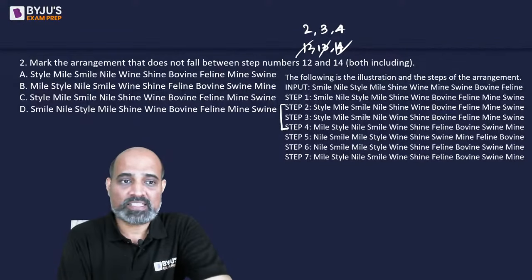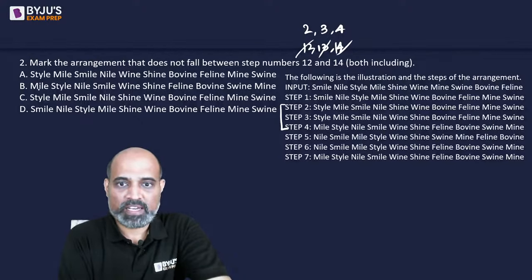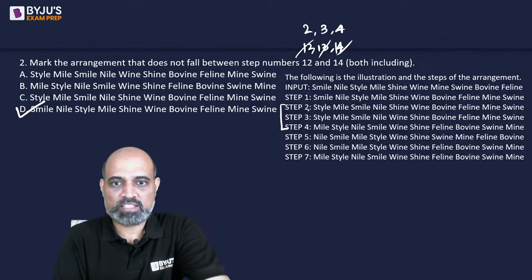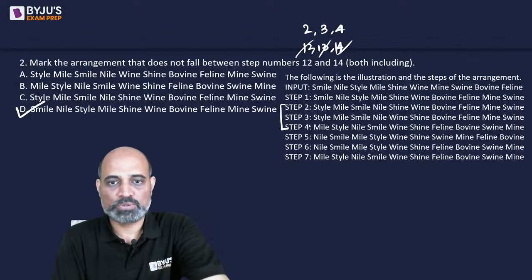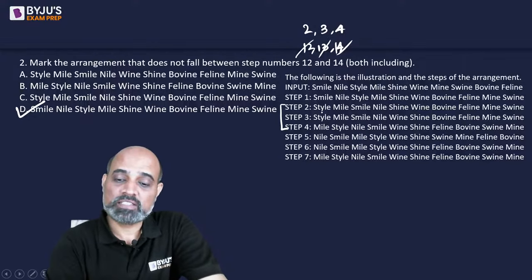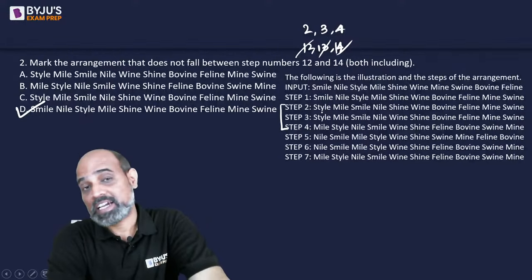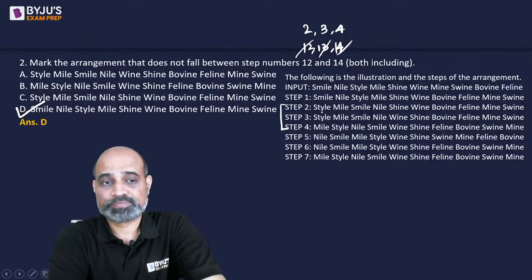So second is style, mile, smile, nile, shine. Can we say smile wala step jo hai, it's neither in 2, 3 or 4. It doesn't start with smile, any of these 3 steps. So D is the option or the arrangement that will not fall in 12th, 13th as well as 14th step.